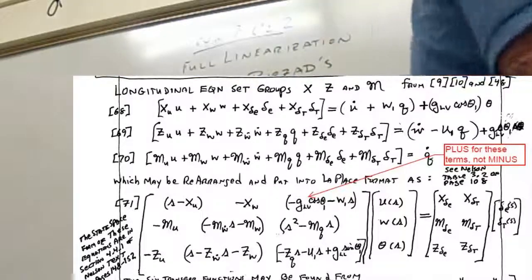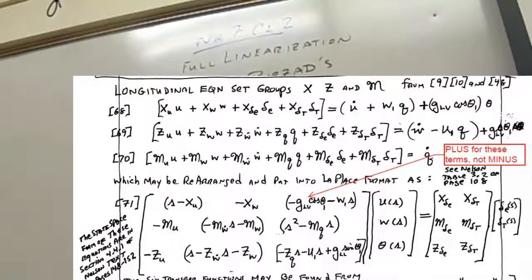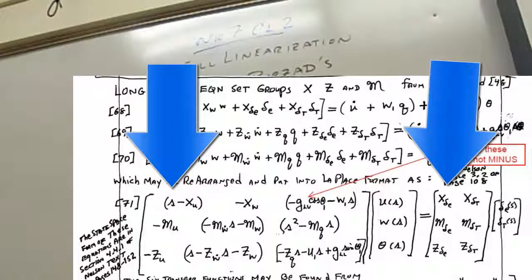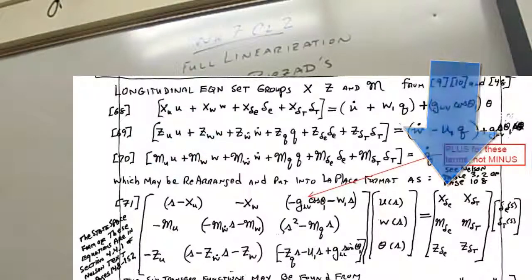That becomes your denominator. If I'm solving for airspeed from elevator, I replace the airspeed column with the elevator column, and I call that another determinant. And that determinant is called the numerator, airspeed from elevator.